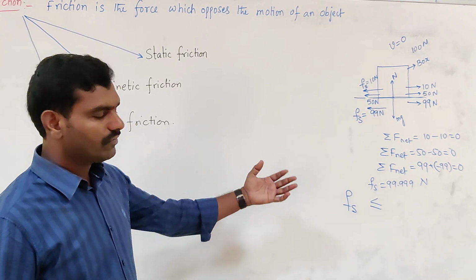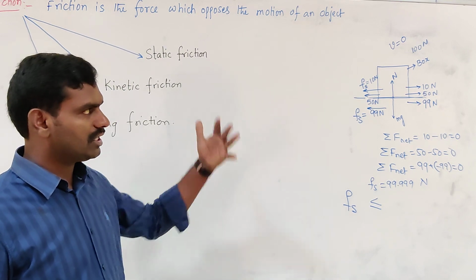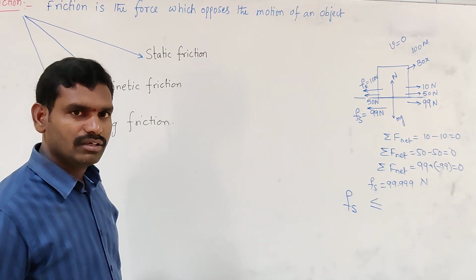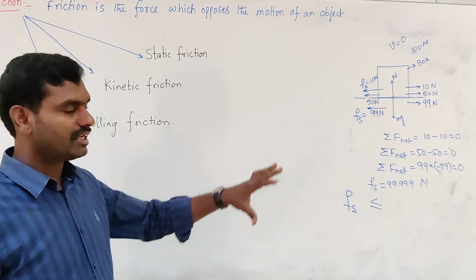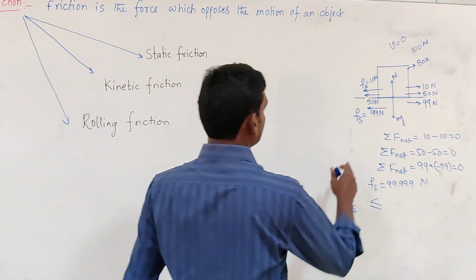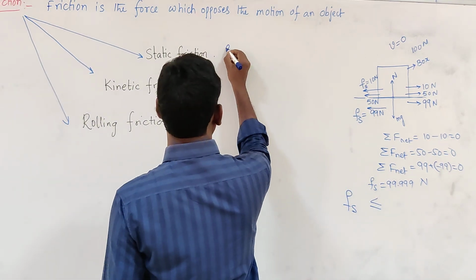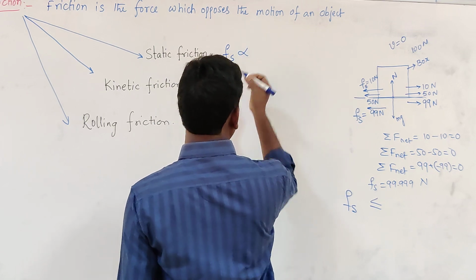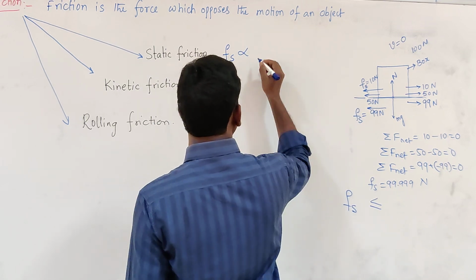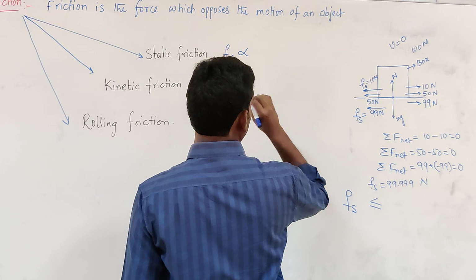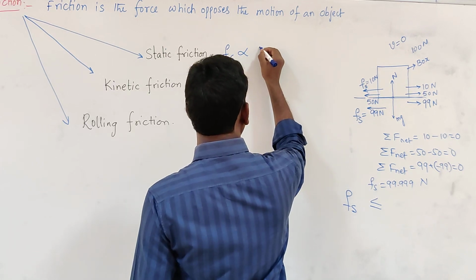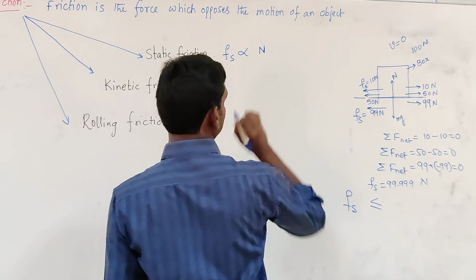So static friction is always less than or equal to that 100 newtons, in this case. So here the static frictional force is directly proportional to N, the normal force.